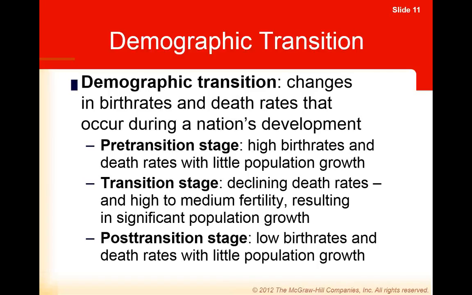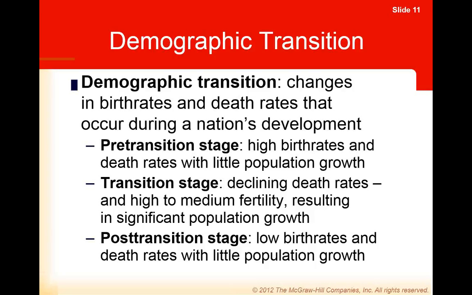And finally, as I said, this is a little simplified. There's actually the before industrialization, early industrialization, late industrialization, and post-industrialization. The post-transition stage is where birth rates fall off as your non-material culture catches up to new material conditions.